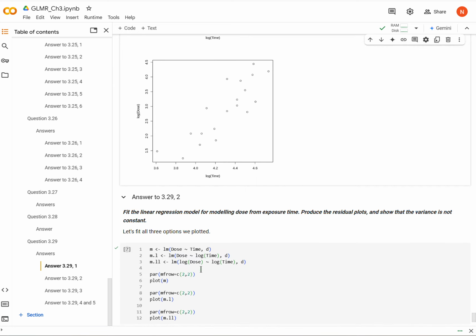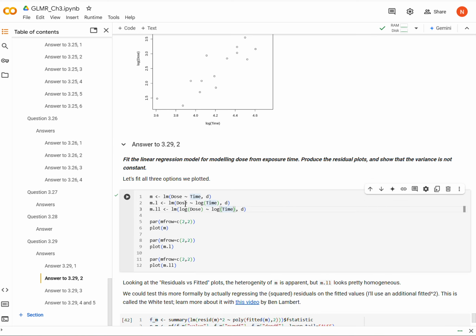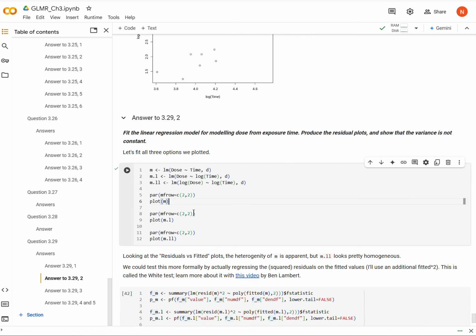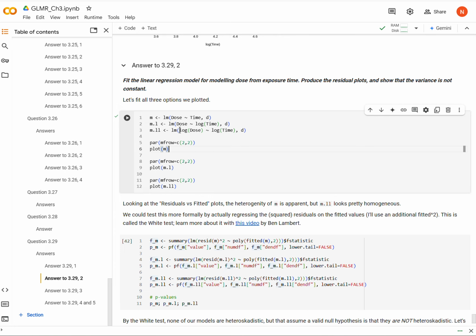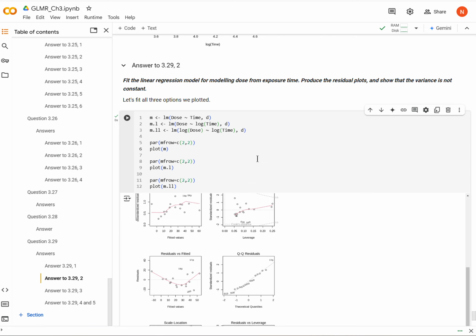So I have just dose on time, dose on log time, and log dose on log time. Again, we could have also done log dose on time, but that's okay. So we're going to make these models, and then we're going to look at the residual plots here. So here we go.